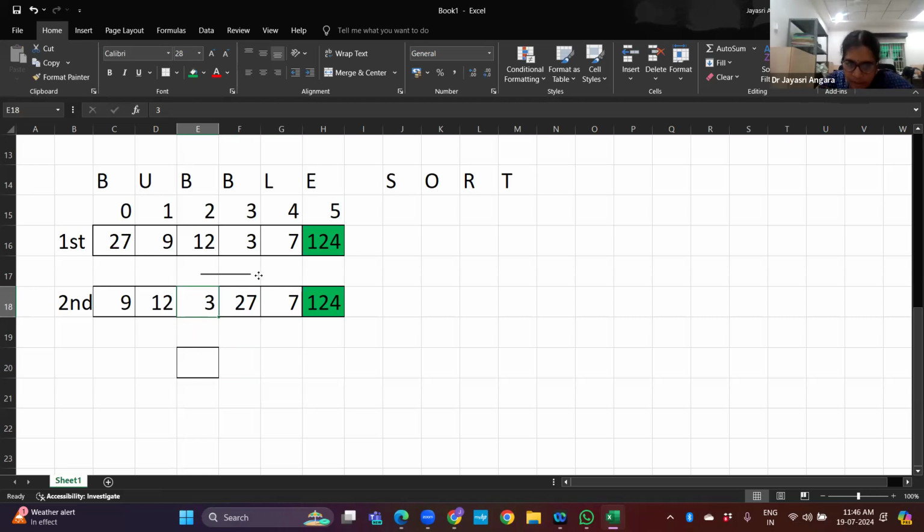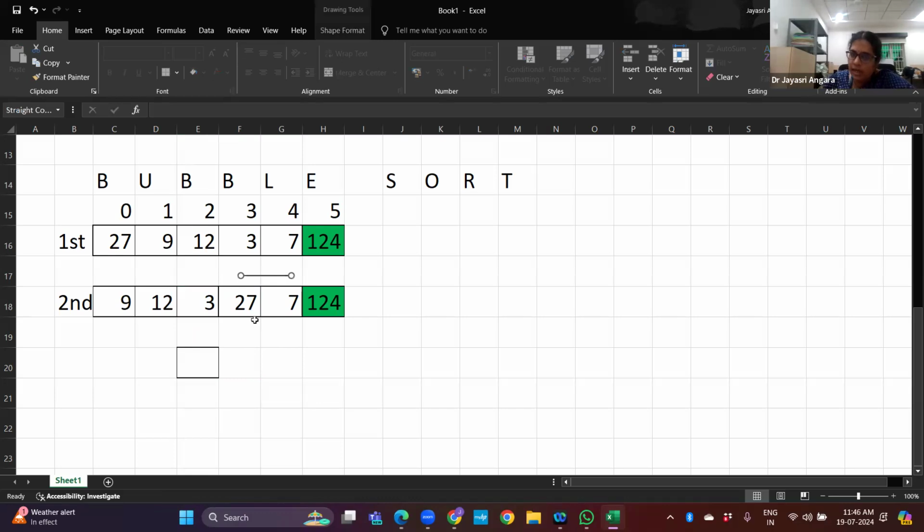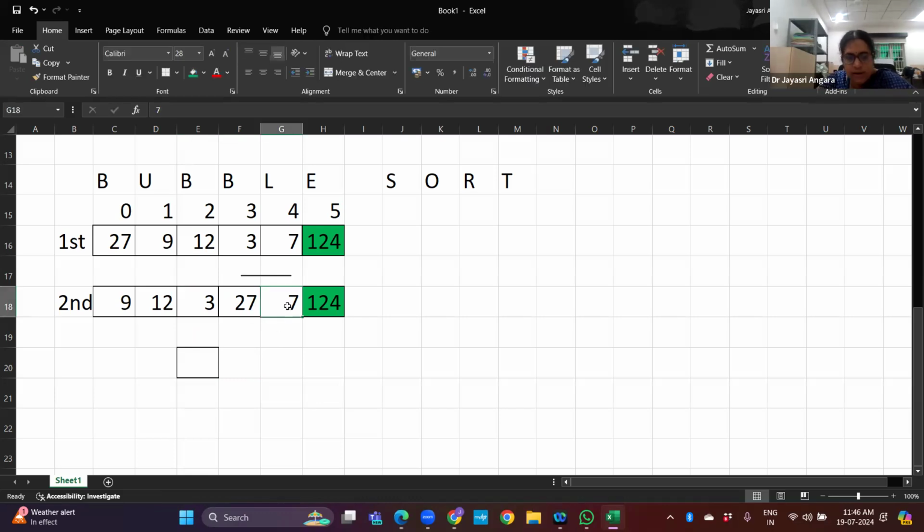Now let us compare 27 and 7. Again 27 is larger than 7, so again we have to go for a swap. Done. So by the end of the second iteration, if you observe, 27 is also occupying its right position.